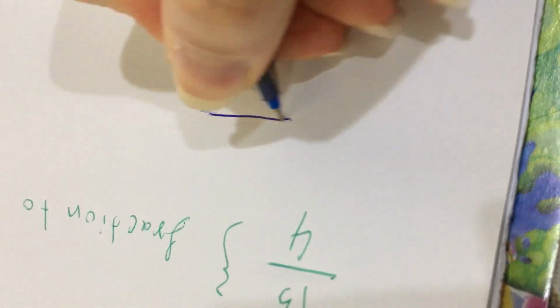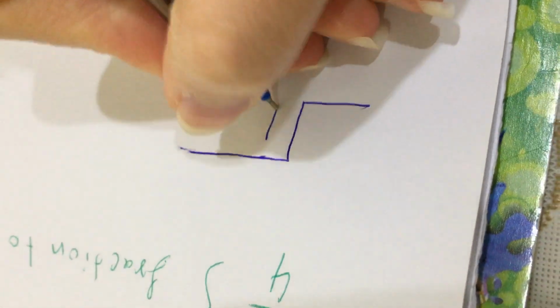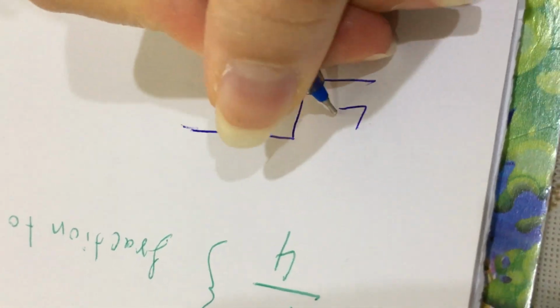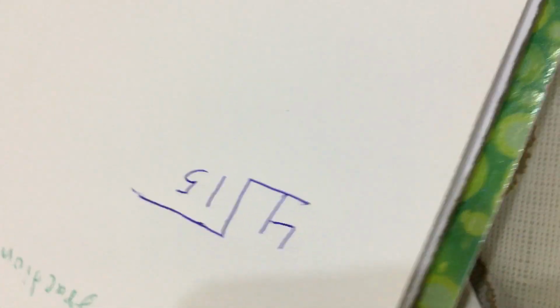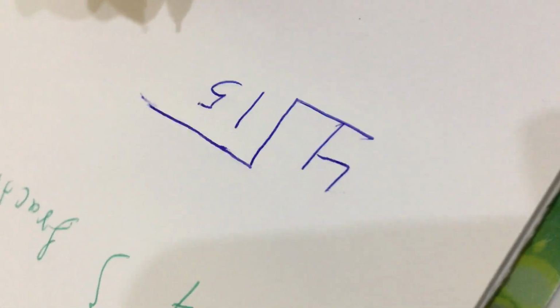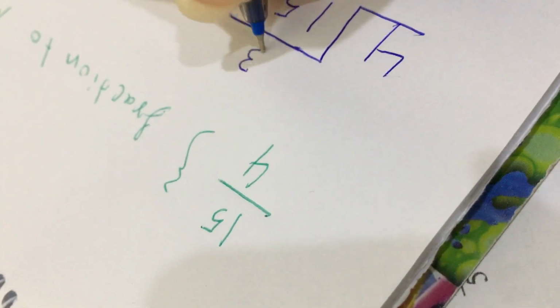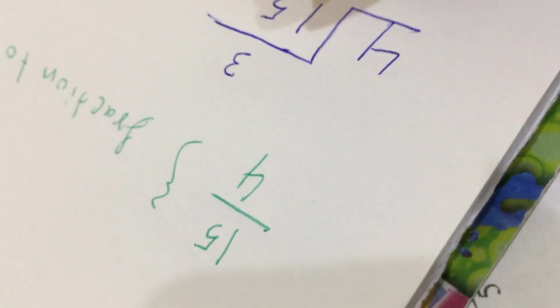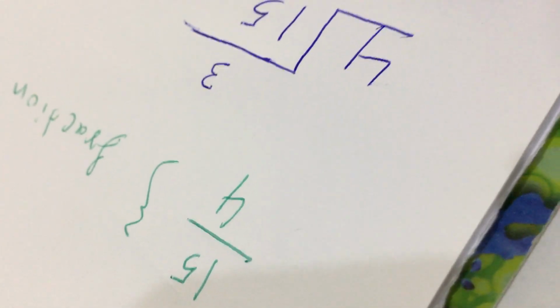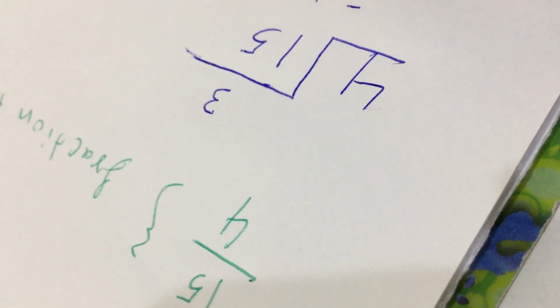Now I have 15 divided by 4. 15 divided by 4 equals what? 4 times what equals 15, or the number nearest to 15, is 3. Now 4 times 3 is equal to 12, and 15 minus 12 is equal to 3.